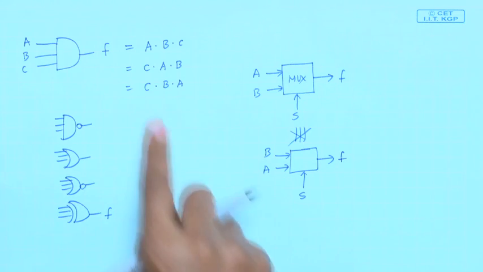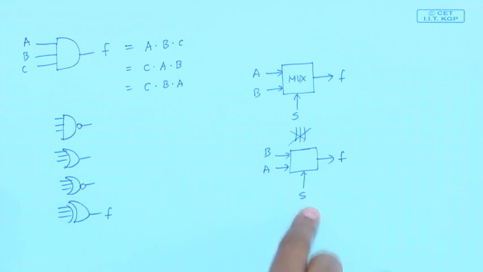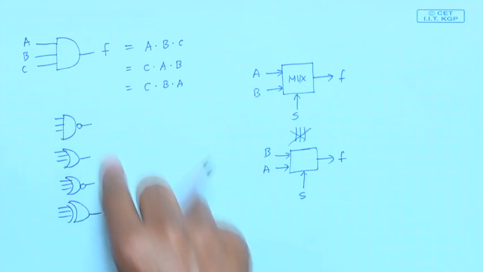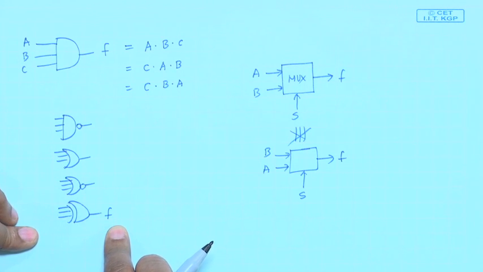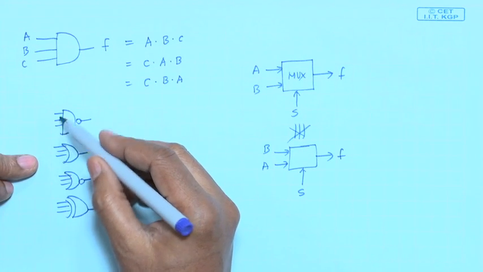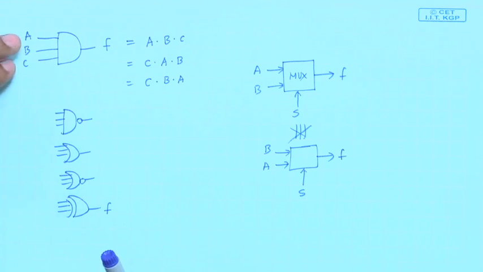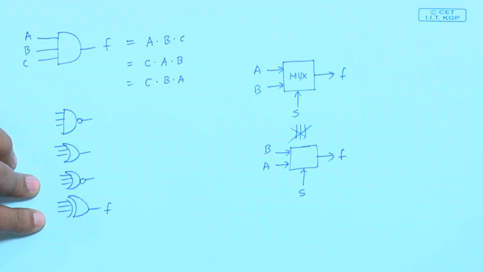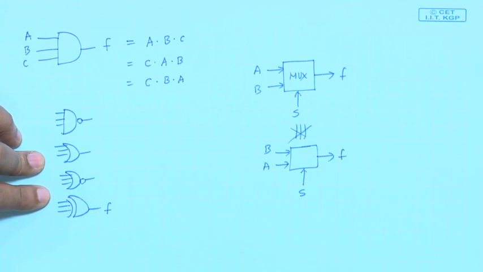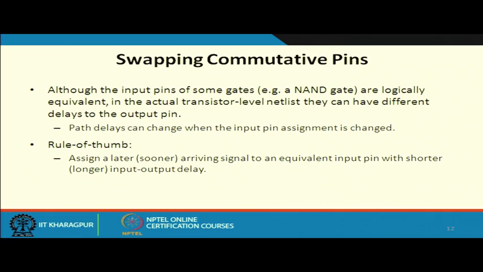Okay. So, there are certain functional blocks for which you cannot do this swapping of the pins, and the pins which can be swapped, they are called commutative pins. For all the basic gates, the pins are all commutative and you can easily swap all of them, right. So, this method says that you can swap commutative pins.